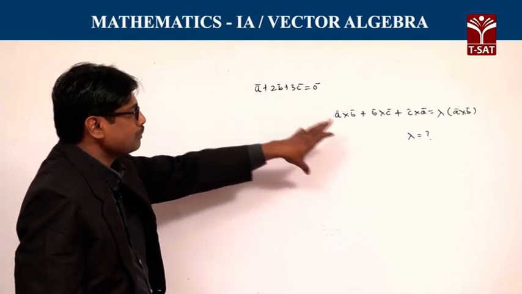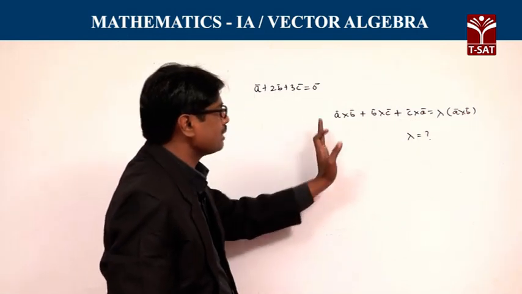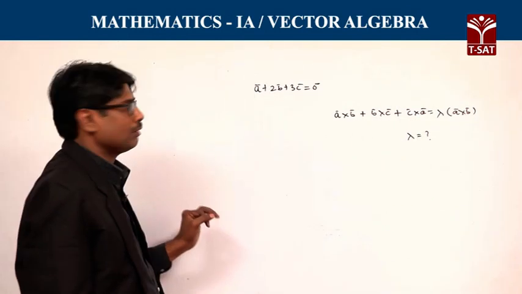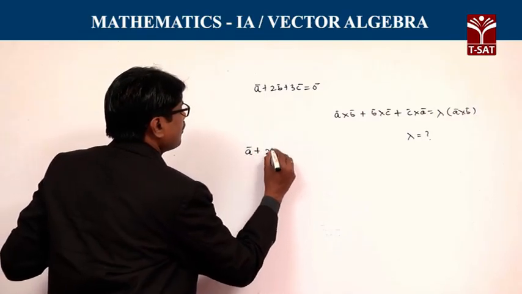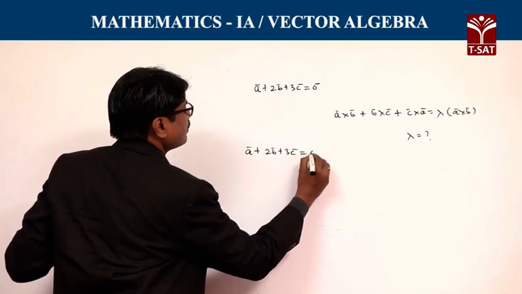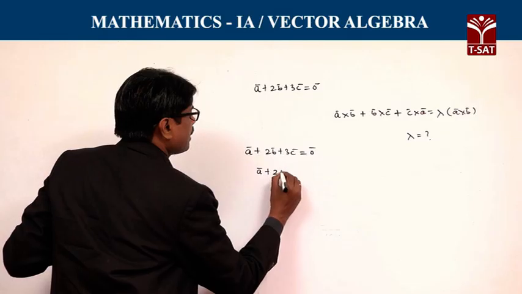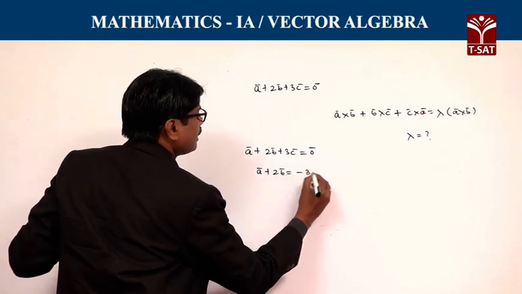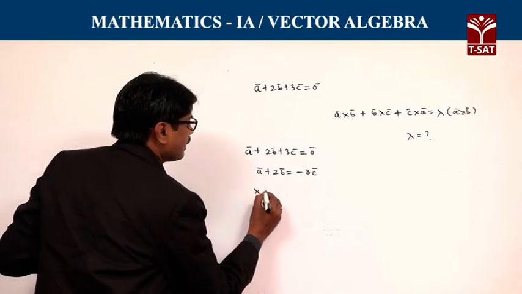First we will express B cross C in terms of A cross B, C cross A in terms of A cross B, then eliminating lambda. So given that A bar plus 2B bar plus 3C bar is equal to 0 bar, or A bar plus 2B bar is equal to minus 3 times of C bar, taking cross C bar on both sides.